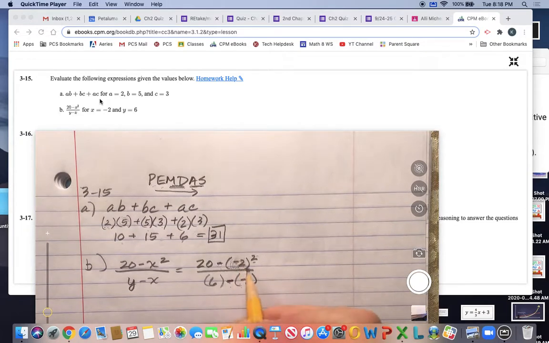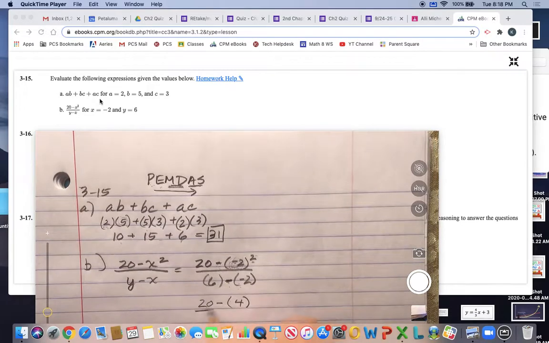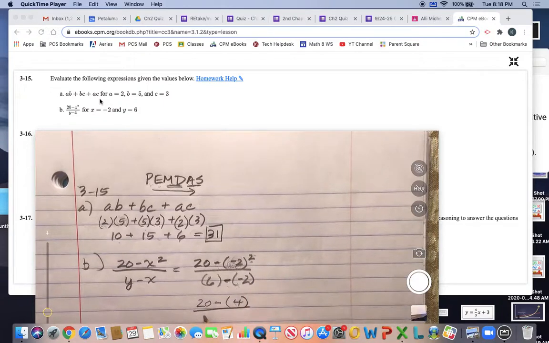So we've got a -2, and -2 times a -2 is a +4. So let's just rewrite this below. 20 minus, and we're going to write a +4. Right, so that's what was in the parentheses, and we've resolved the exponent, and so now we can just rewrite what we put below, 6 minus -2.